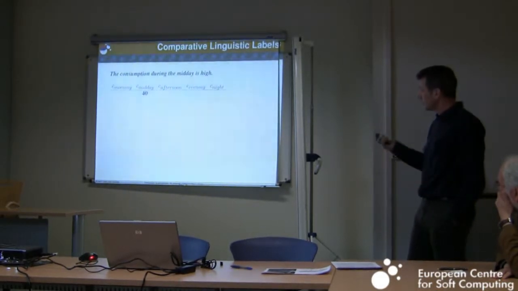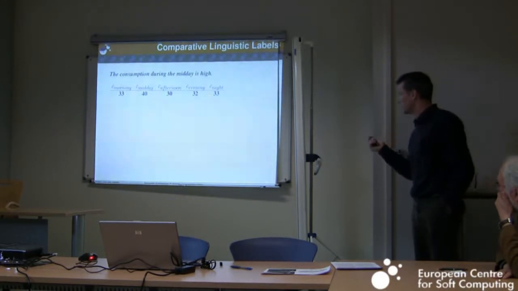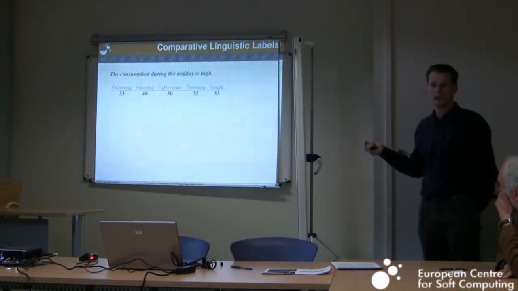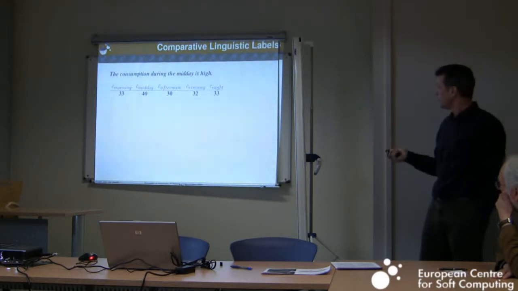Now, this sentence, the consumption during the midday is high, you cannot say anything about it by itself. In this situation, you could say that the consumption during the midday is high, that it is a true statement, because in this context, in what I will call the frame of reference of a day, this value of 40 is significantly more than the other values in the day.